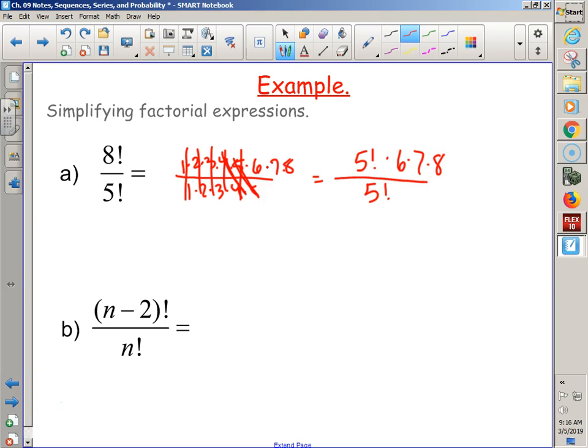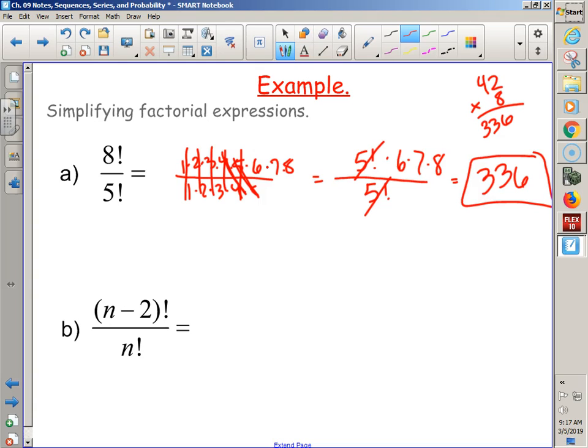Now I can't do 5 factorial, 3 factorial, because 3, 2, 1 is not 6, 7, 8. But I could say, 1 through 5 and a few more, and those go away. Either way, I end up with 42 times 8, which isn't the most fun thing in the world to do, but it's also not horribly bad. 336, yeah? Okay.